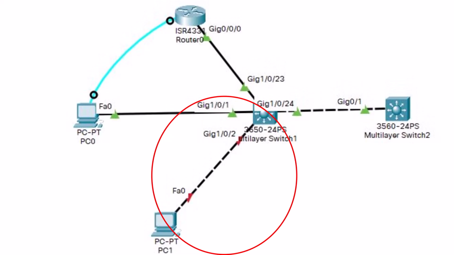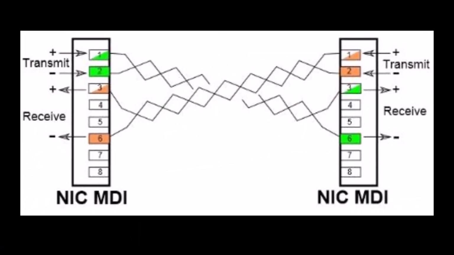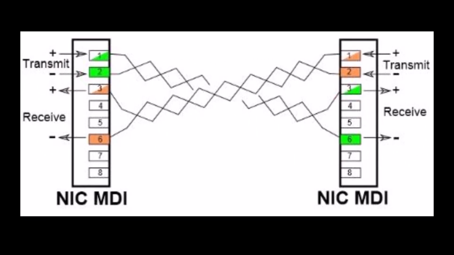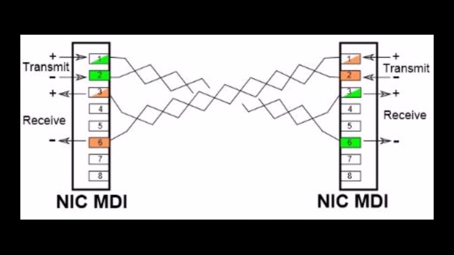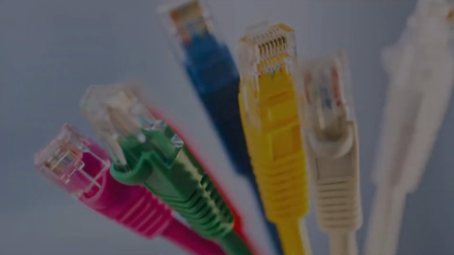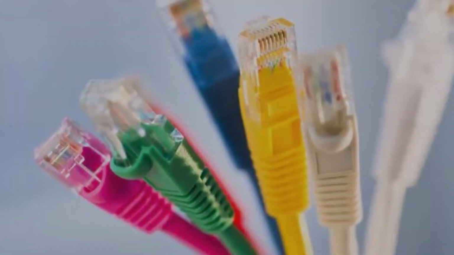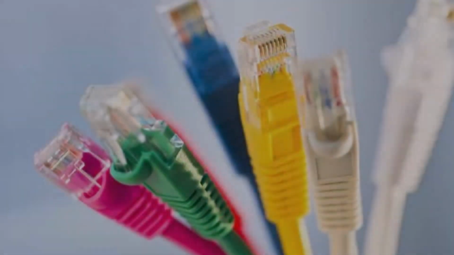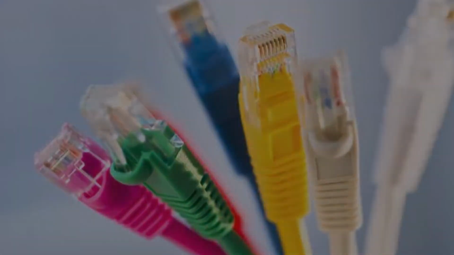For example, if you use a crossover cable to connect a computer to a switch, the switch port will detect it is a crossover cable and configure the connection accordingly, so you can establish a connection without a problem. So you can basically use crossover cable and straight through cable interchangeably. The Cisco switch can detect them and reconfigure the connection accordingly.